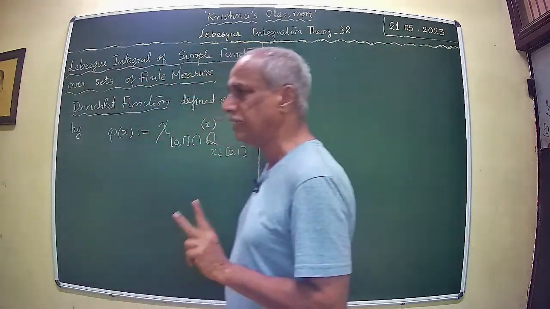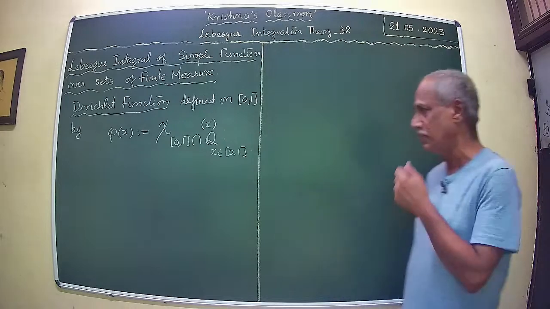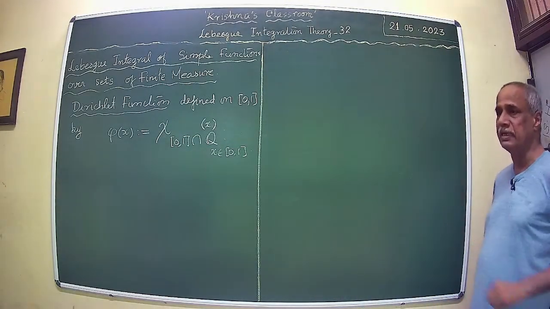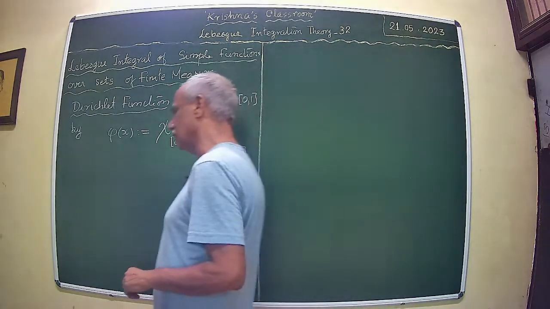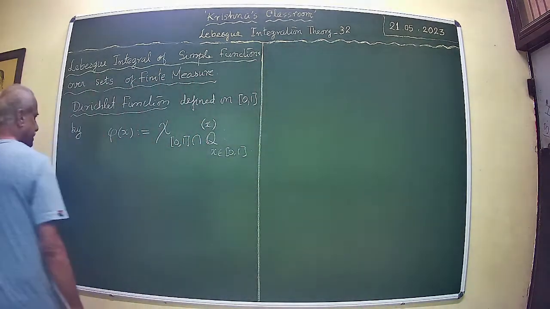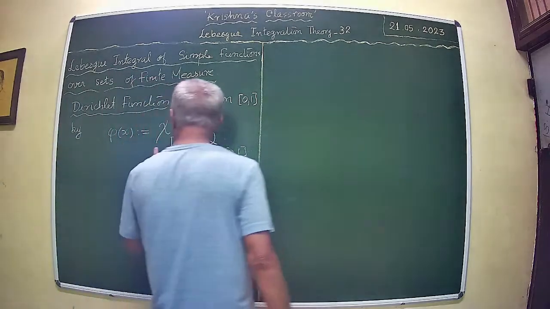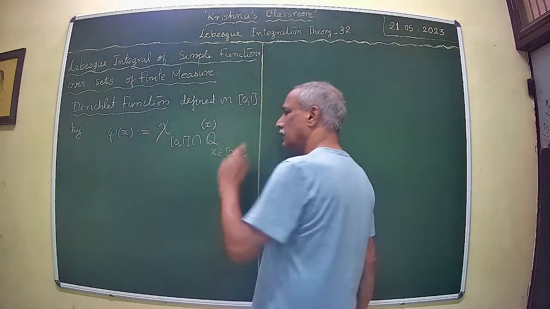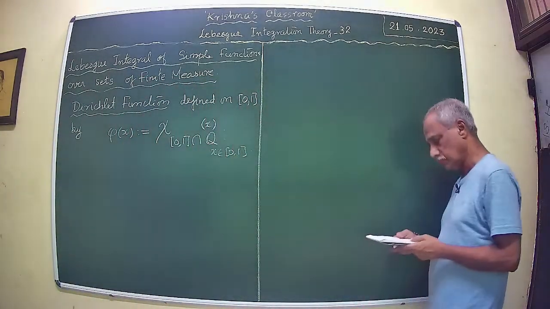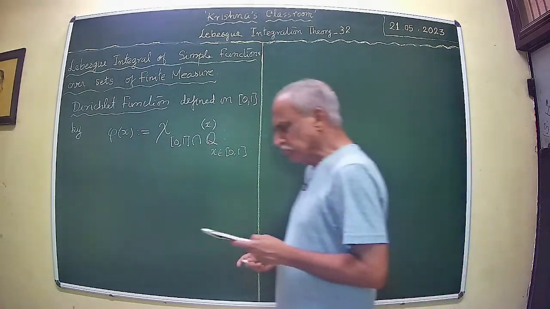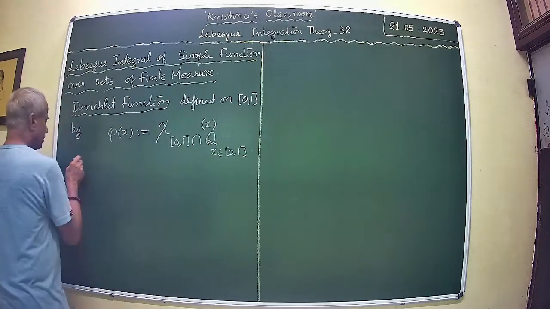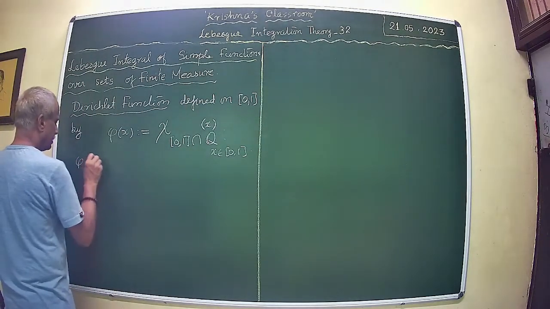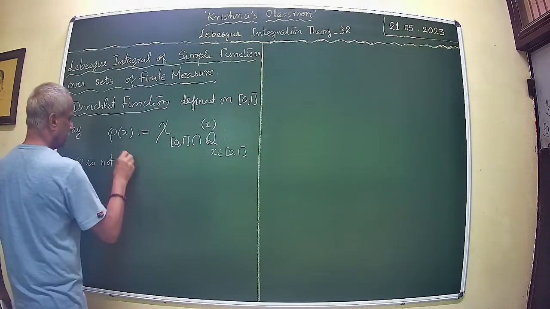So it takes only two values, namely 0 and 1, and this is expressed by the very handy characteristic function. So it's essentially the characteristic function of the interval 0, 1 intersection Q. Now, you know that this phi is not Riemann integrable.